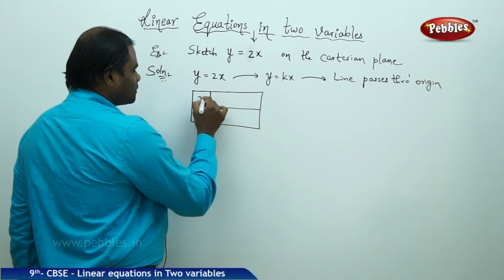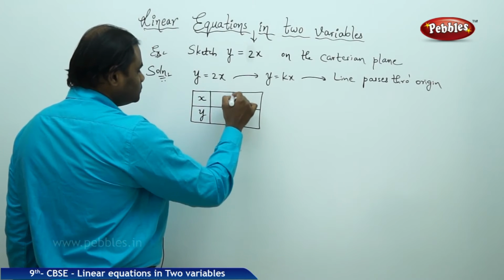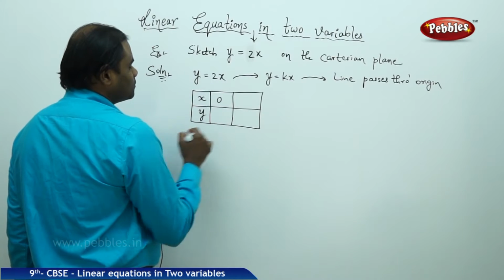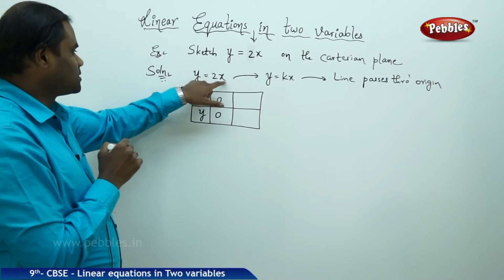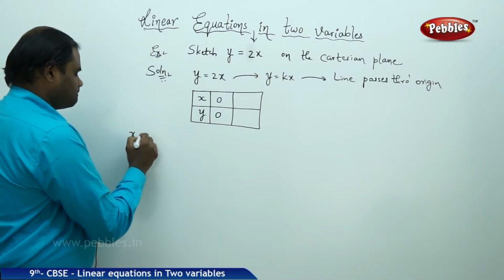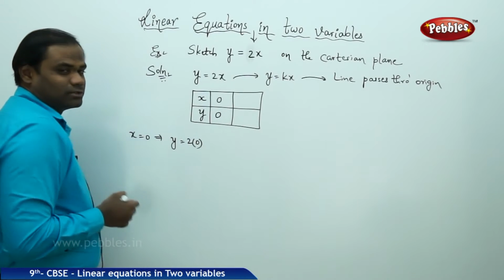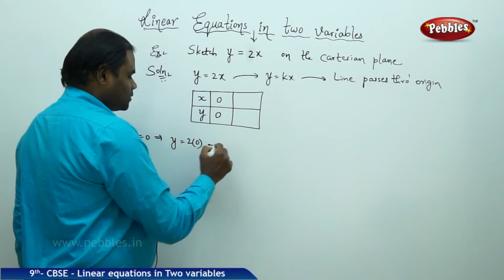My first row is with variable x and my second row with variable y. When x is 0, my y is also 0, because y is 2 times x, which is 2 times 0, and this is 0.